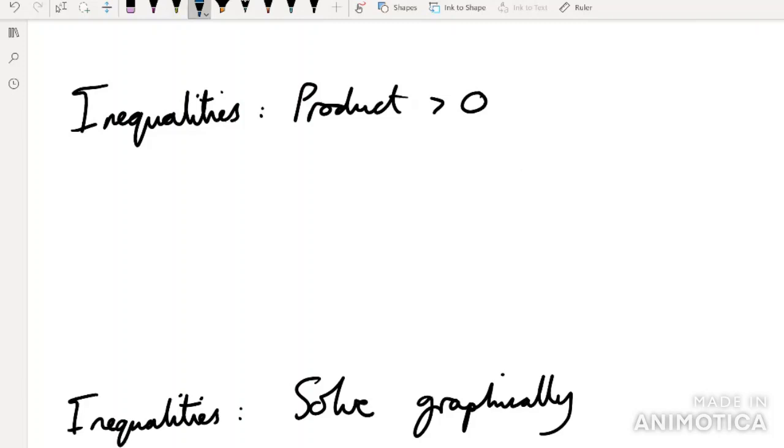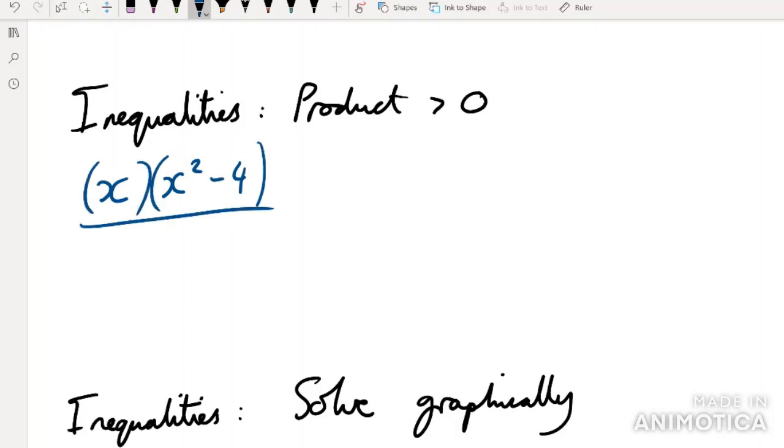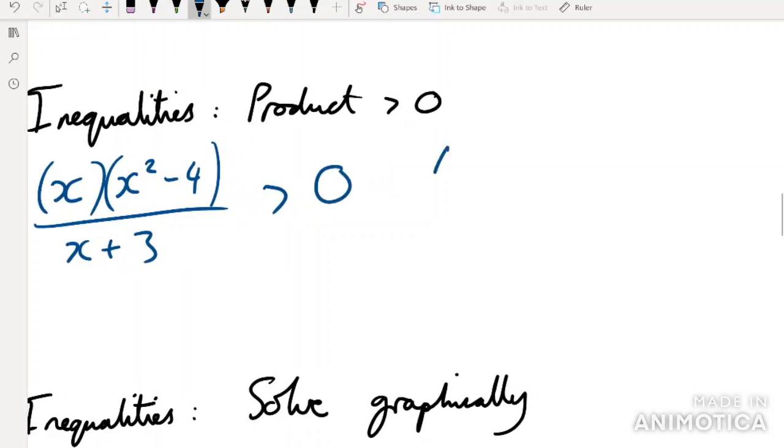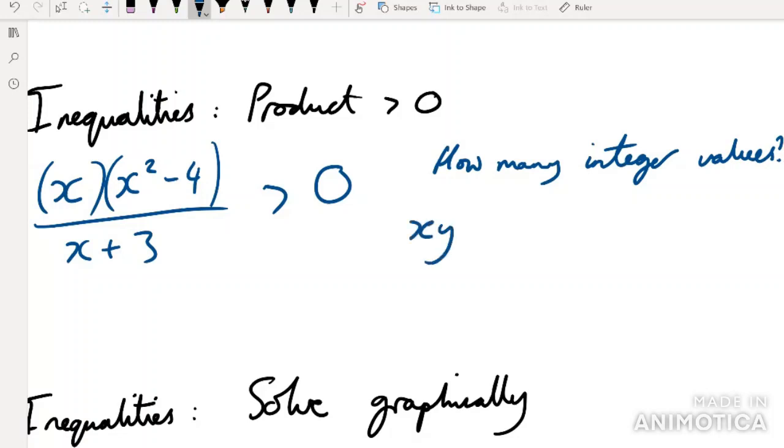If you've just got a product, and they often do this, an algebraic product, (x squared minus 4) over (x plus 3) is greater than 0, and they want to know how many integer values solve this, or much more commonly, maybe xyz greater than 0.